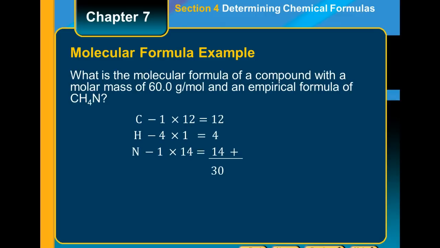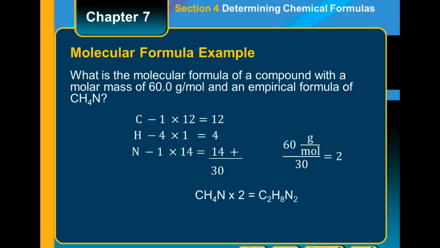So this is 30 grams. We'll then take the 60 that they gave us, and divide that by the 30, which tells me that I need to multiply my empirical formula by 2. So my molecular formula for this particular substance is C2H8N2.